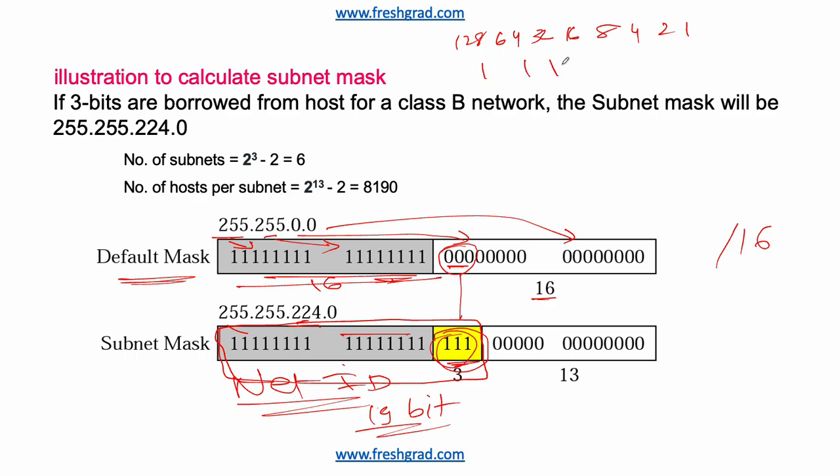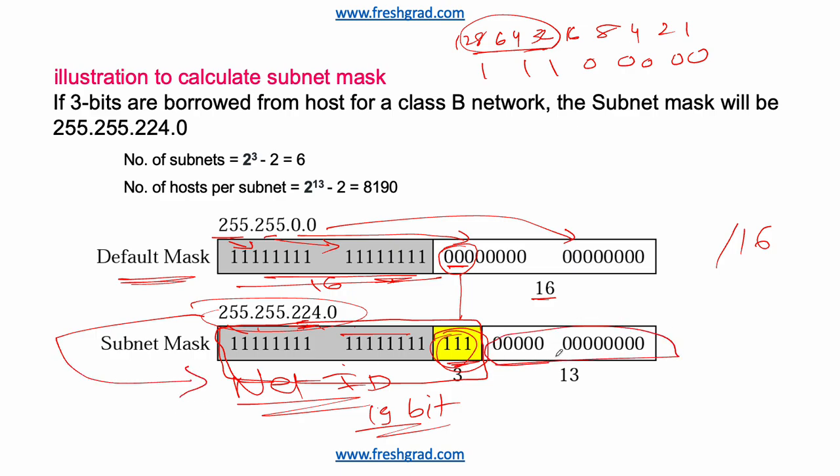So we do 1, 1, 1, and then 0, 0, 0, 0, 0. So 128 plus 64 plus 32. What is that value? 224. That's how we get the 224. So our new subnet mask will be 255.255.224.0. This represents the network ID.